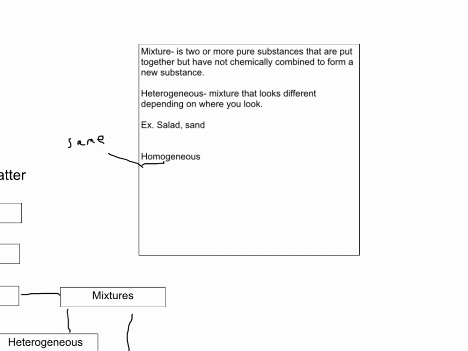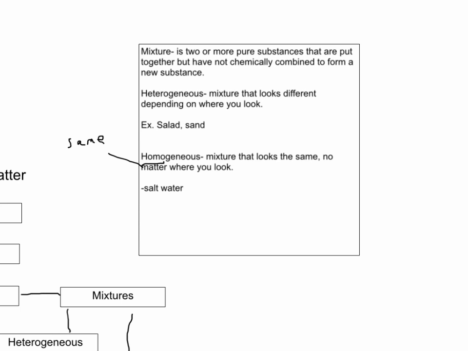So a homogeneous mixture, as you can probably guess from what heterogeneous meant, is a mixture that looks the same no matter where you look. So an example of this would be salt water.